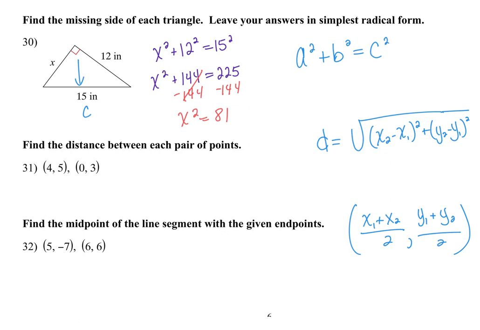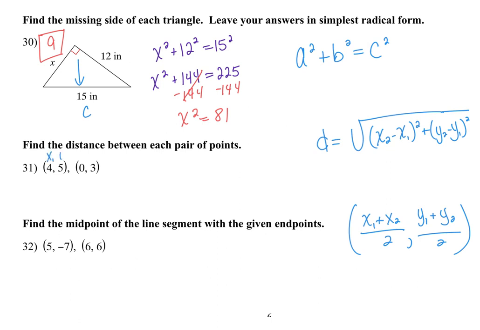Remember, I have solved for x squared. So I need to take the square root. What's the square root of 81? Yeah, so x equals 9. X equals 9. Normally you have to think about the positive and negative root here, but it is the side length, so it can only be positive.